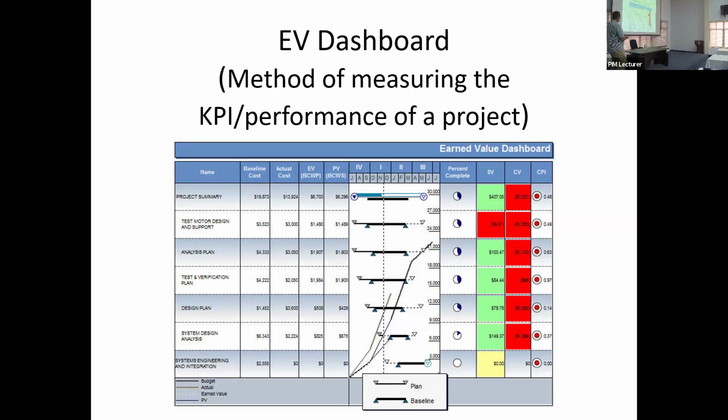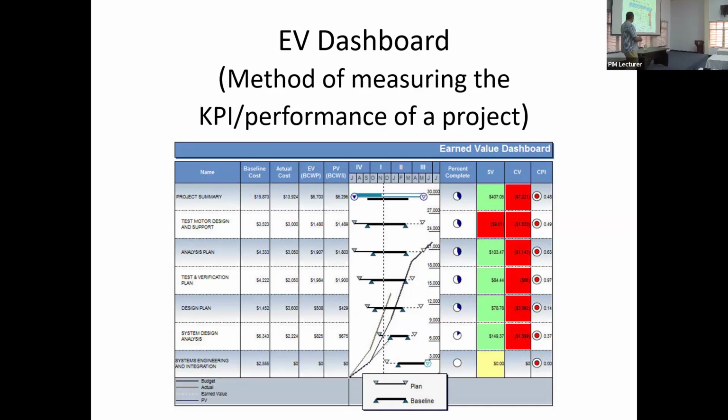Right. Now, if you look at the graph here, the middle graph is the planned value. This one here is the submission or actual cost incurred. This one is the earned value number. So what it tells you, if you look down here, the schedule variance is green.